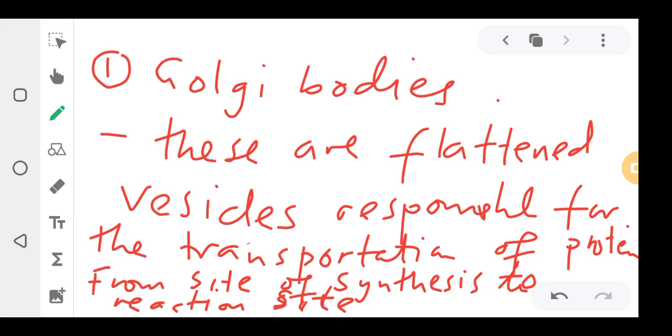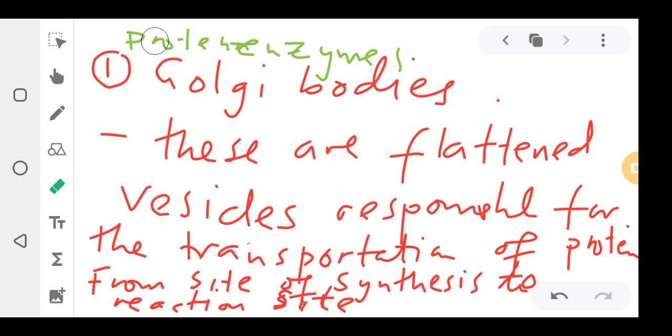Don't get confused, they are specific. The proteins they are transporting are actually enzymes.